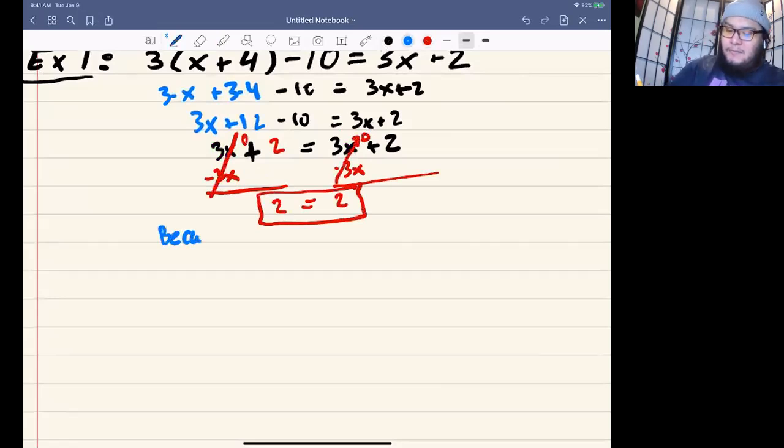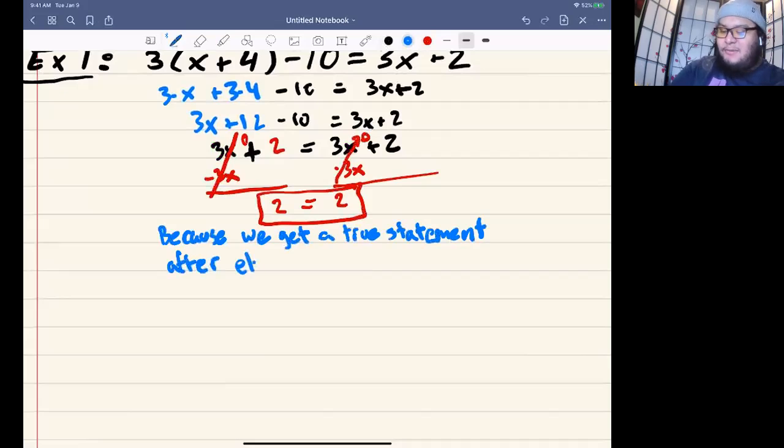Because we get a true statement like this, so because we get a true statement after eliminating the variable, so because we got this statement, a true statement after eliminating the variable, this equation has infinitely many solutions.